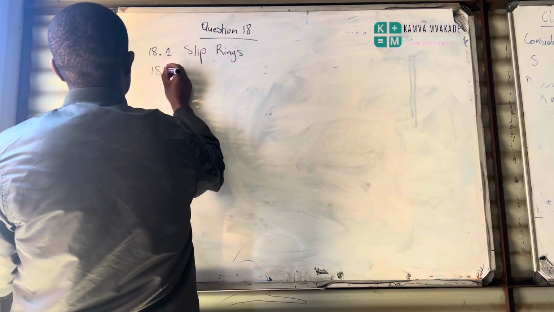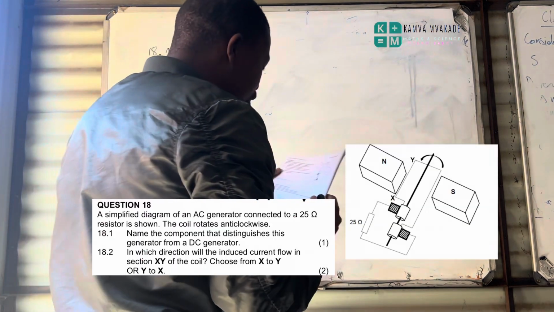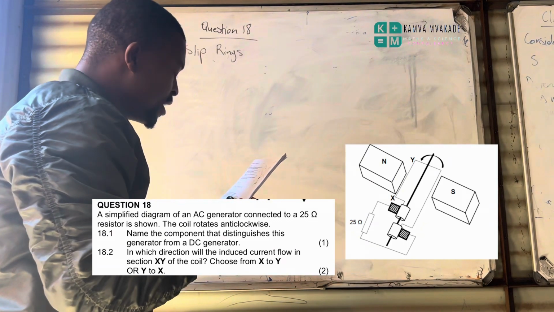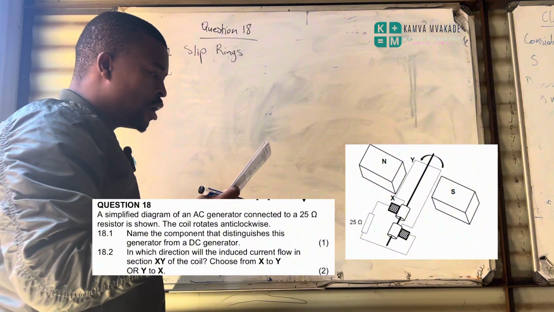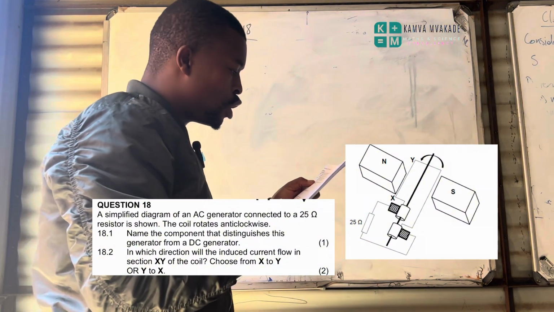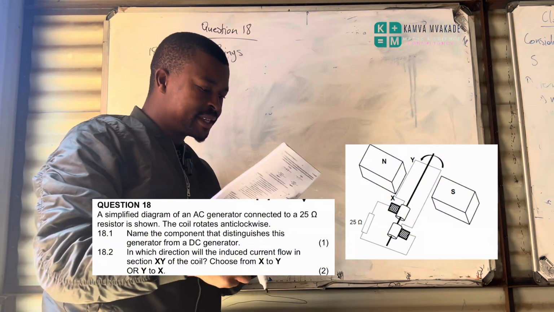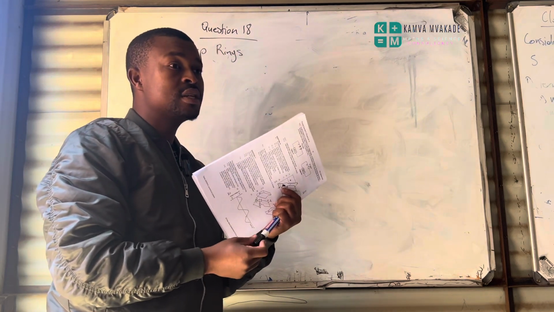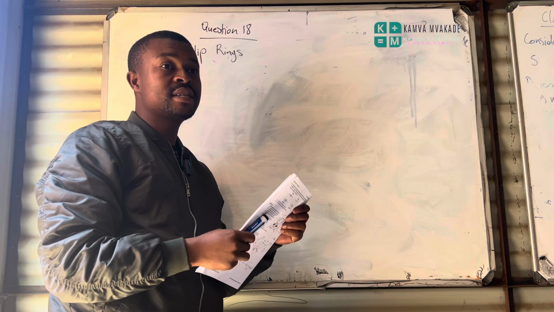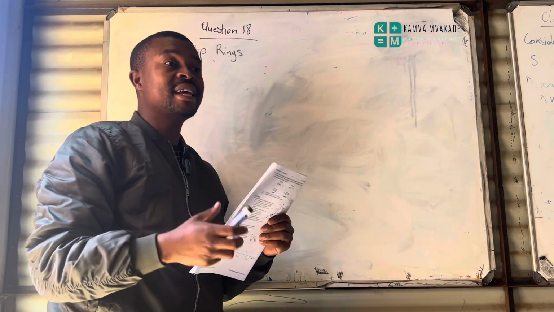18.2, we're being asked in which direction the induced current will flow in the section X, Y of the coil. Choose from X to Y or Y to X. Since this is a generator, which rule do we use? Fleming's right hand rule.